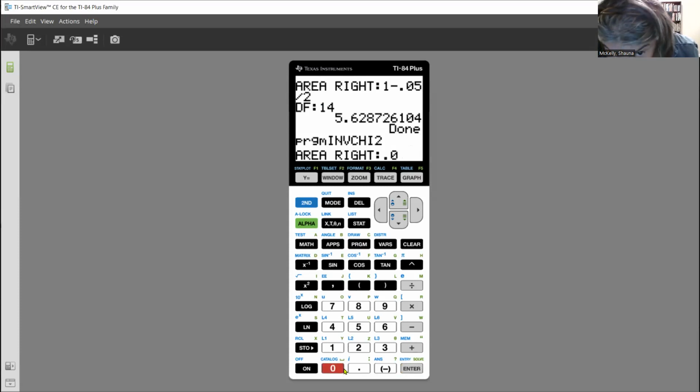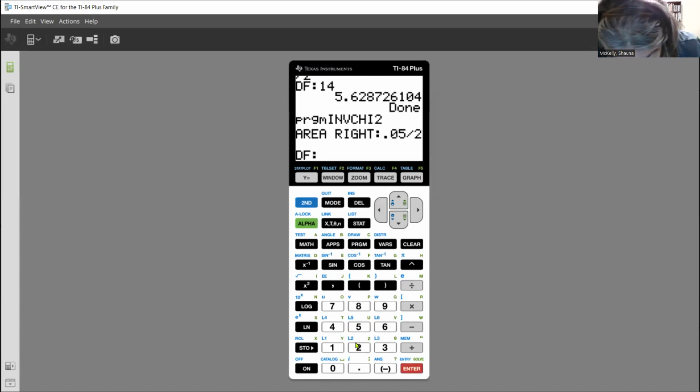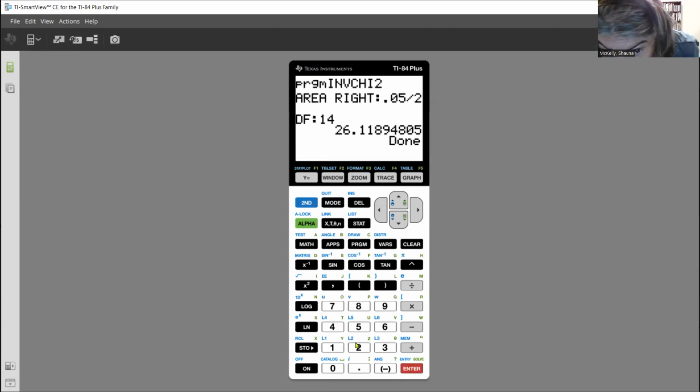Remember here, you're dividing the alpha region by 2. Divided by 2, right? And then 26.1189. Okay.